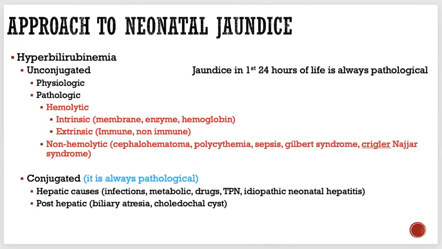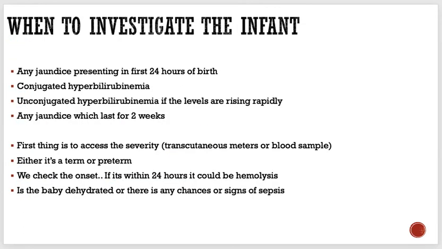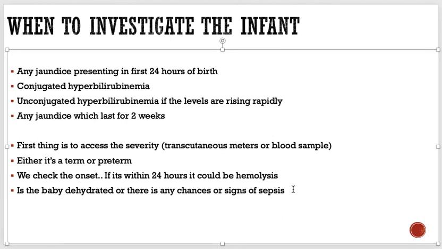These are the causes, and we are discussing all these things, make some sense. So for example, if you found the baby has hemolysis, what we do is we check antenatal antibodies. For example, if the mother's blood group is blood group O, it could be ABO incompatibility.